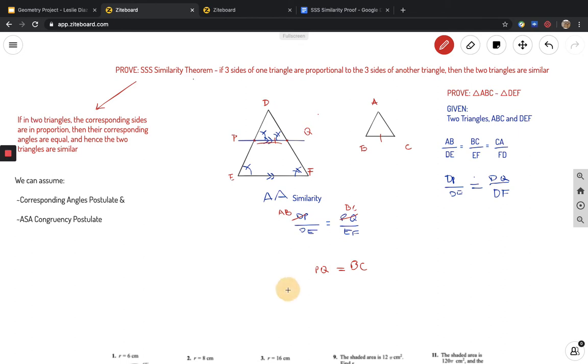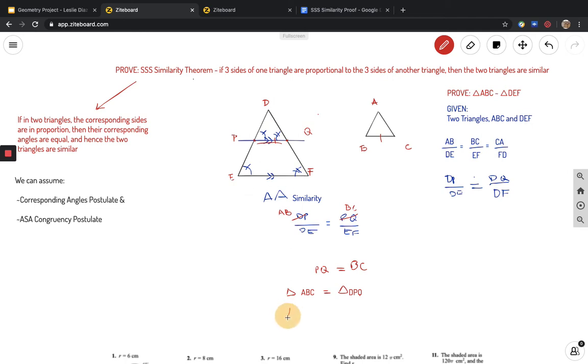So we can have triangle ABC, which is going to also be equal to, that's a very bad triangle, bear with me, you guys, sorry, triangle DPQ, and we already know that triangle DPQ is similar to triangle DEF.